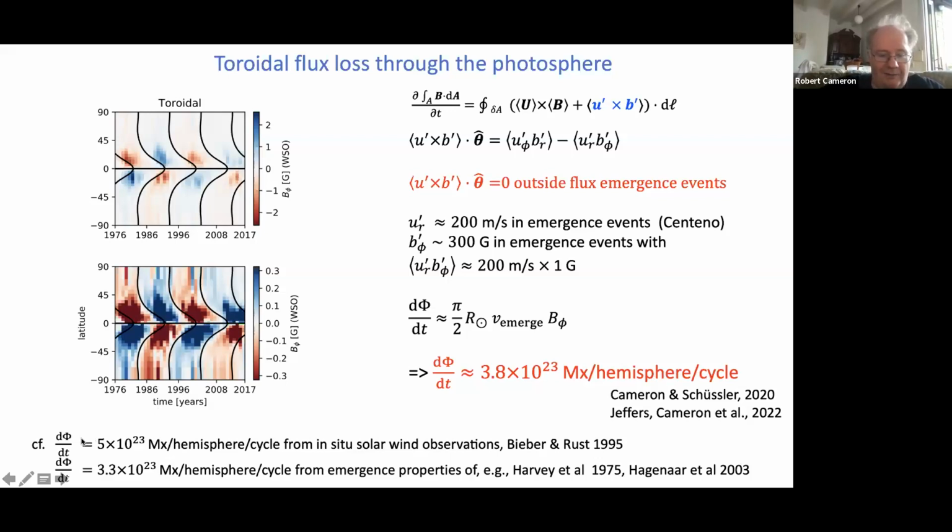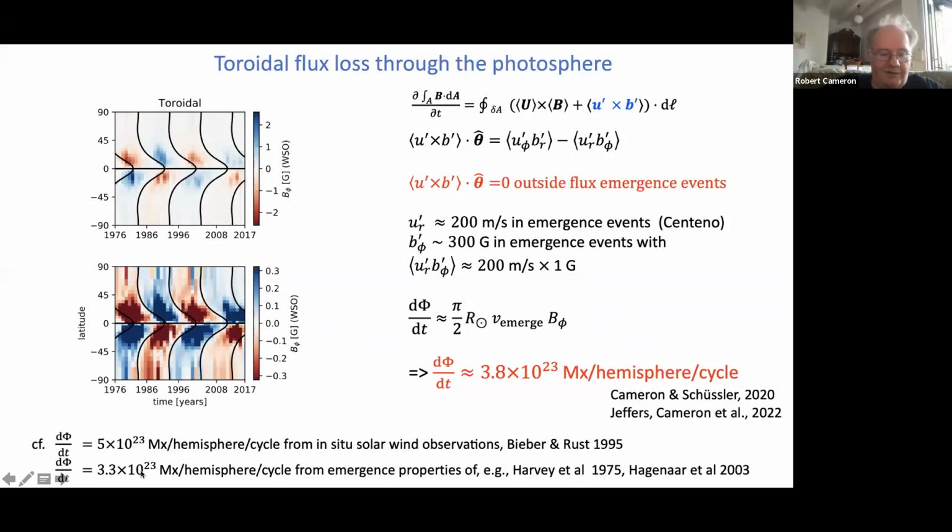You can calculate it in different ways. Bieber and Rast in 1995 looked out in the solar wind at 1 AU and inferred that a total of 5 times 10 to 23 Maxwells was being lost. You can also do it using the very detailed measurements of Harvey et al., Karen Harvey and Hagenaar in 2003. They measured the properties of ephemeral regions, and you can use those properties to directly determine how much was lost.